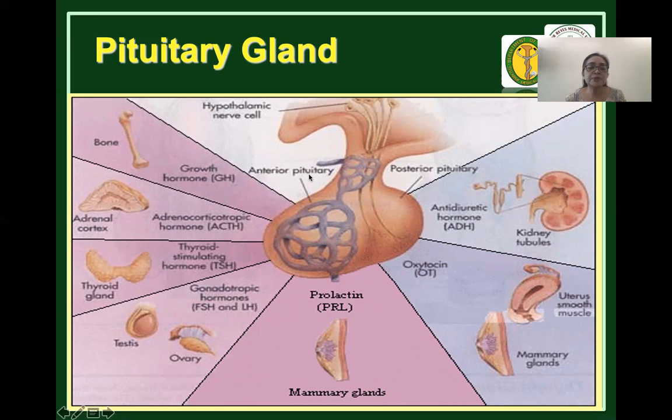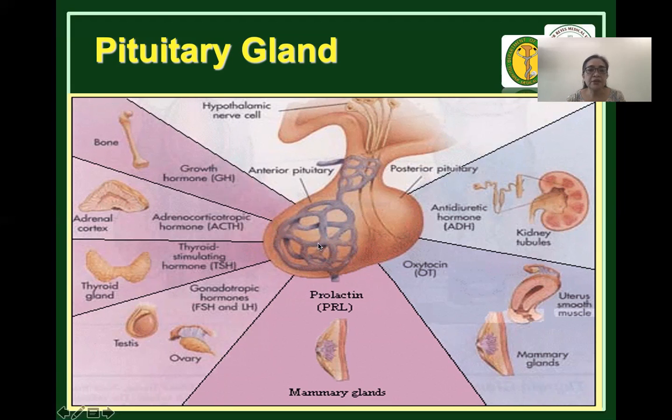Now, the anterior pituitary is mostly vascular. So if you would see this one, there's a lot of vascular supply here. It is because you know that hormones would be distributed all over its target organ through the bloodstream.